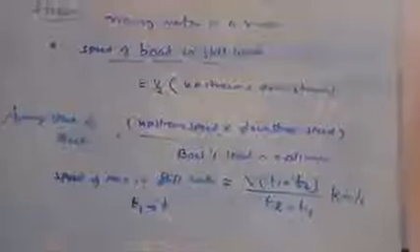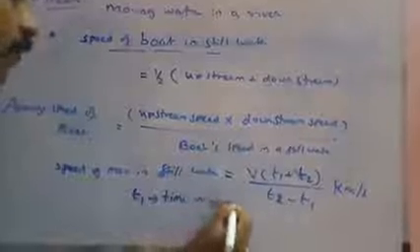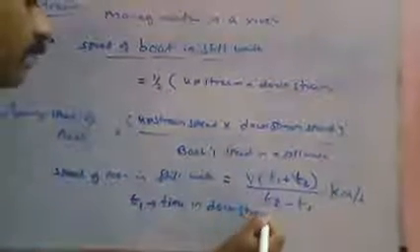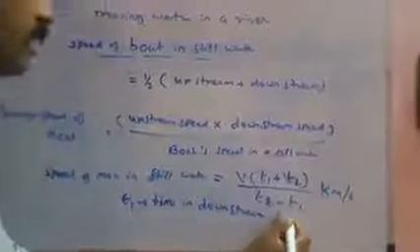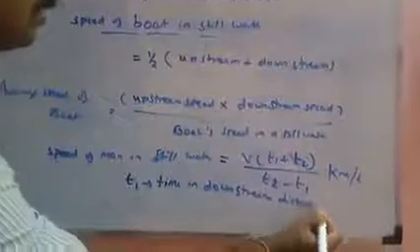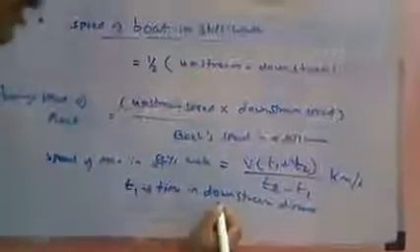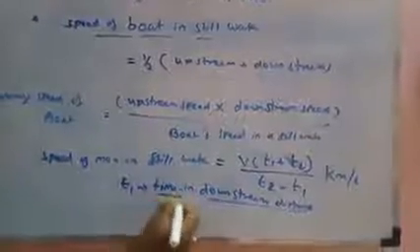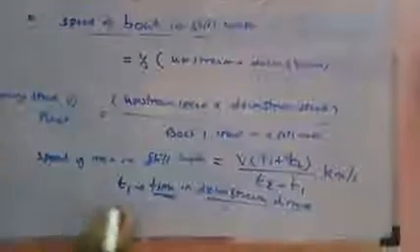That means T1 is the time in downstream. For a person making a downstream distance, the corresponding time in downstream is T1.